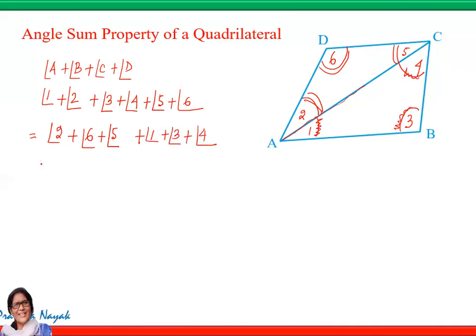So 2 plus 6 plus 5 is equal to 180 degree. And 1 plus 3 plus 4 is also 180 degree. This is in triangle ABC. So this makes 360 degree. So what is the sum of angles of a quadrilateral? Its total is 360 degree.